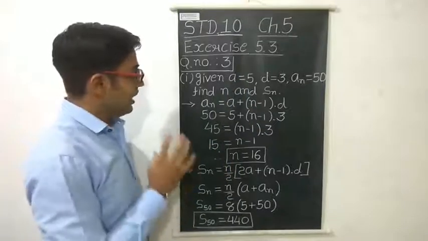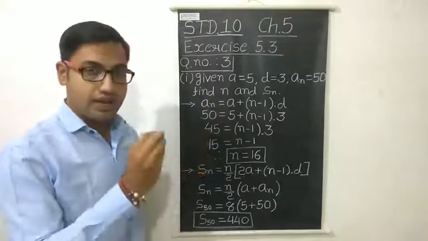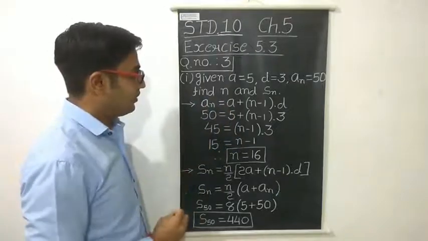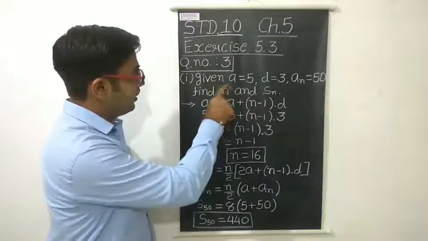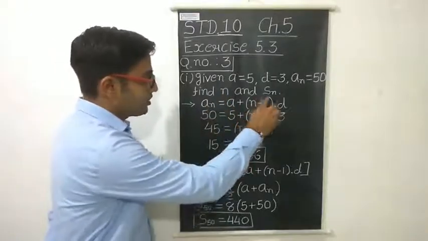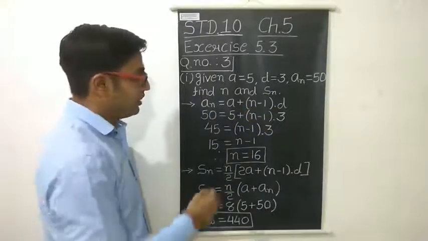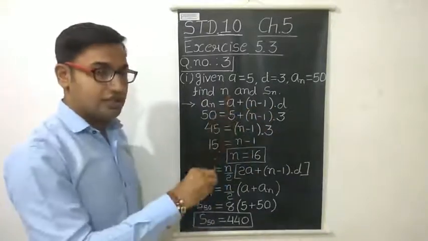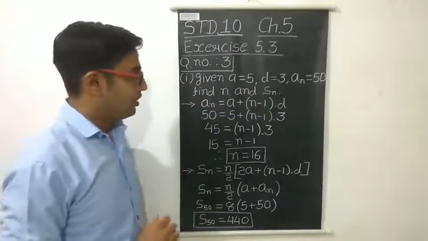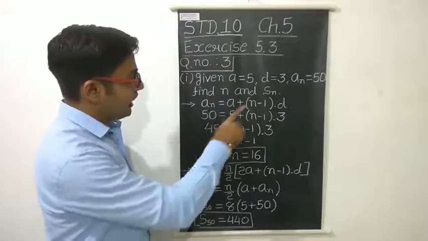In this AP, we have to find the number of terms of that AP and the sum of that many terms. Sn represents the sum of n terms. Here we do not have the value of n.